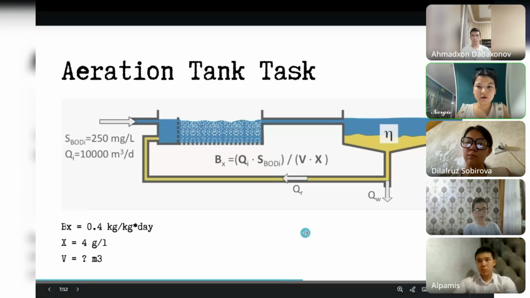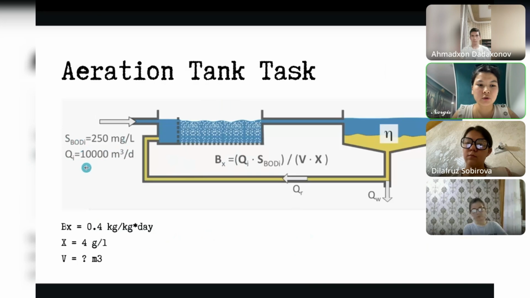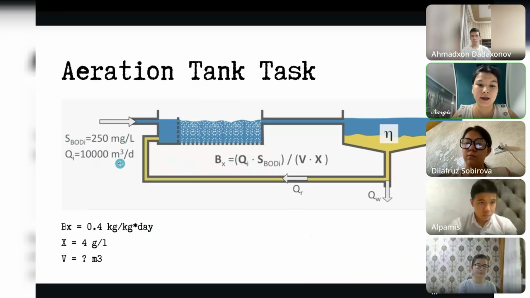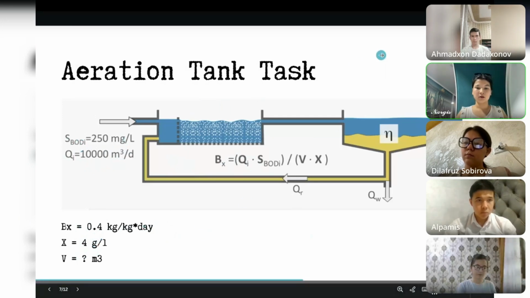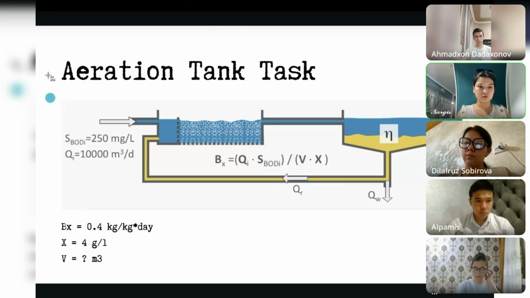So here you can see that we have an aeration tank, and our S is 250 milligrams per liter. Our Q is 10,000 meters cubed per day. Our Bx that we have already chosen is 0.4. Our X is 4. And now I gave you maybe 3 minutes in order to solve this one.